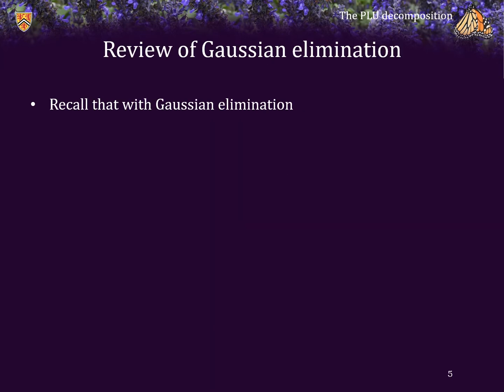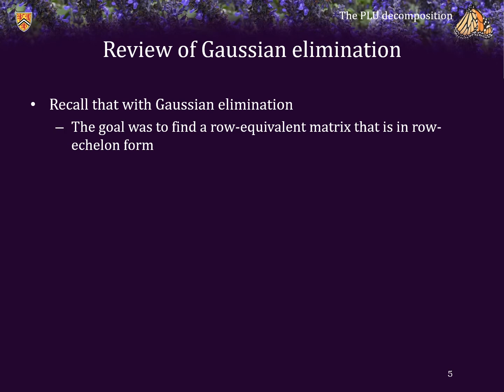Now recall that with Gaussian elimination, the goal was to find a row equivalent matrix that is in row echelon form. That is, we proceeded by finding a sequence of row operations that converted the matrix into one that is in row echelon form.